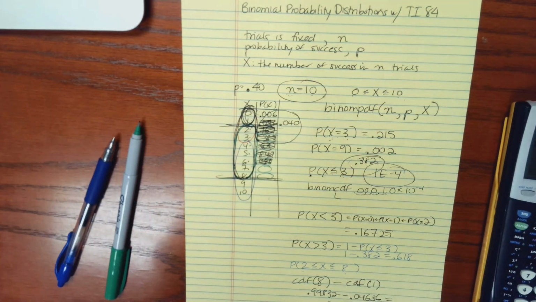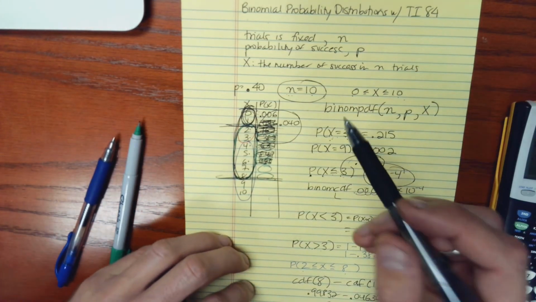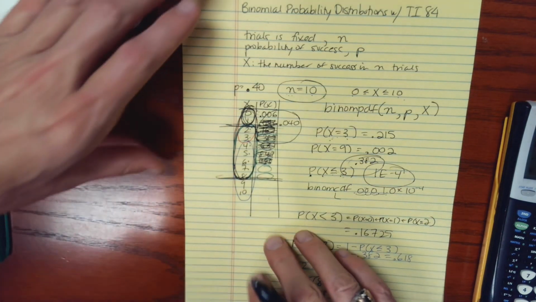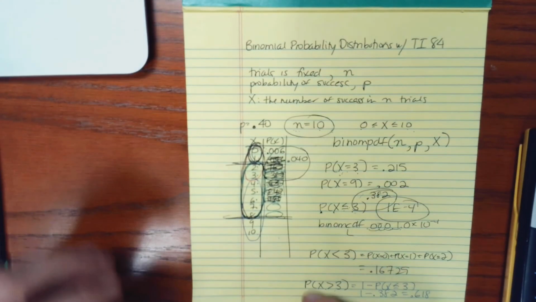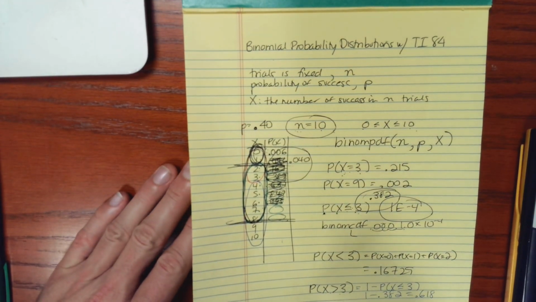Okay, so that's how you can use your calculator to get binomial probabilities and either the PDF or the CDF. Okay, I hope you'll join me in some follow-up videos where we do some examples using these concepts and our calculators.